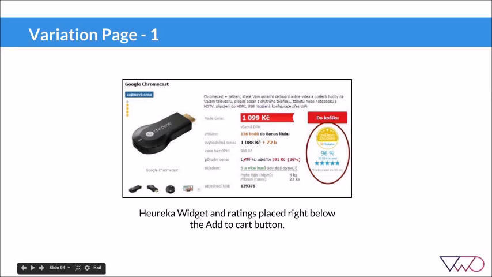So CZC probably gave very affordable rates, which is why they decided to go with placing a Heureka widget on their product pages. The second thing that they wanted to test was where to place it, a strategic placement of the widget for maximum impact. So to test this, 4 variations were pitted against the original page.